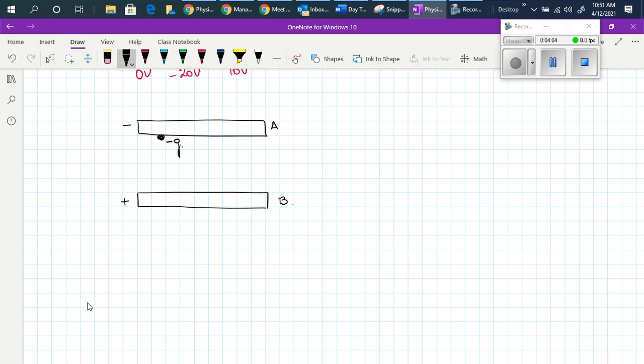We know that the negative is attracted to positive, so the negative charge will fall to the positive plate. But if we place a positive charge here on plate B, then this will fall into the negative plate.